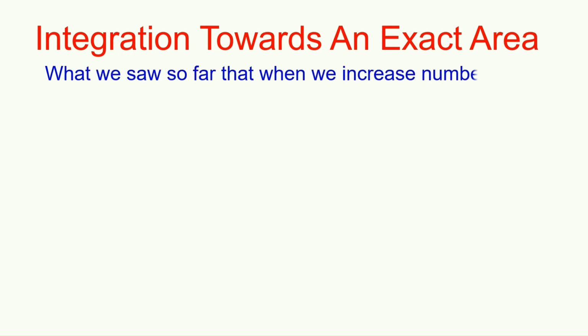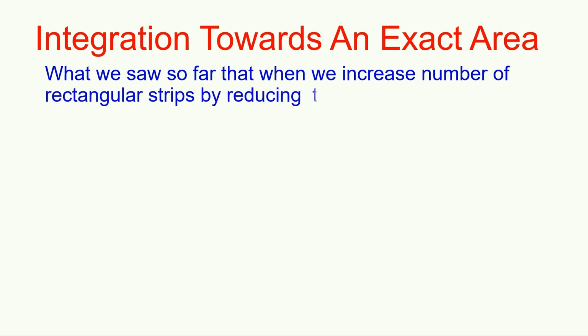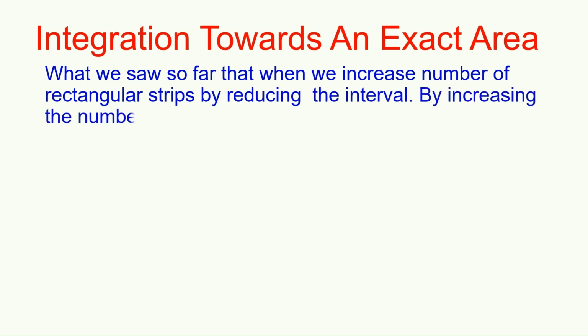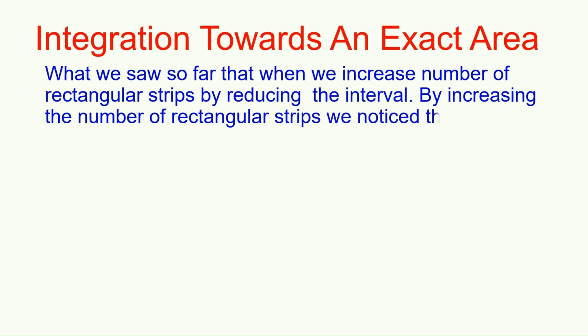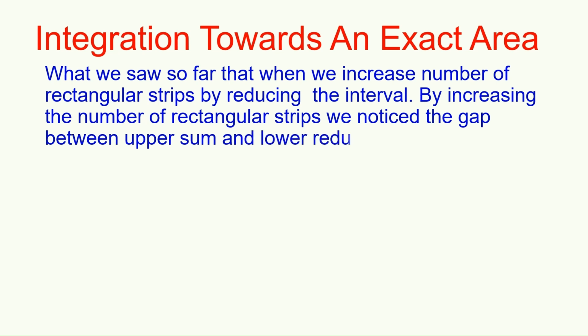Integration towards an exact area. What we saw so far is that when we increase the number of rectangular strips by reducing the interval, we noticed that the gap between upper sum and lower sum reduces.